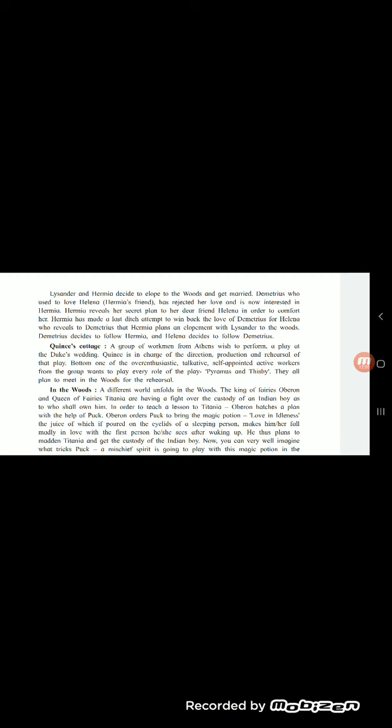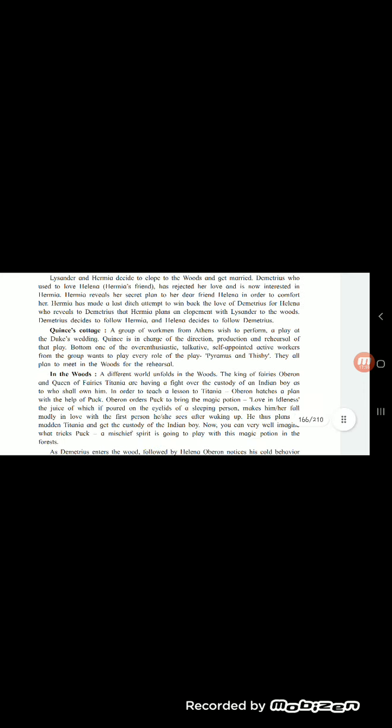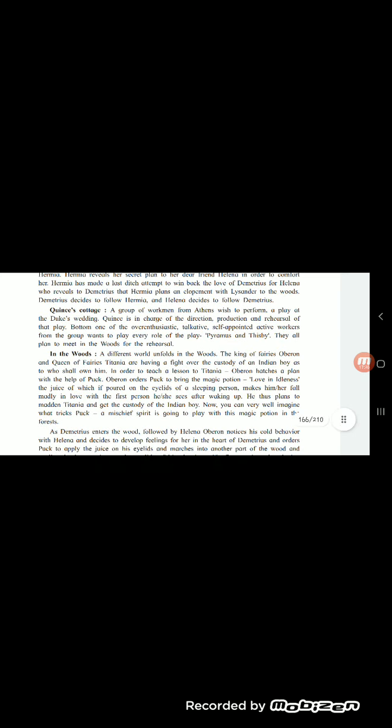This Bottom is very over enthusiastic. His personality traits are told to us: he is over enthusiastic, talkative, and a self appointed active worker from the group who wants to play every role in the play Pyramus and Thisbe. So two characters that you should know, Queen and Bottom.